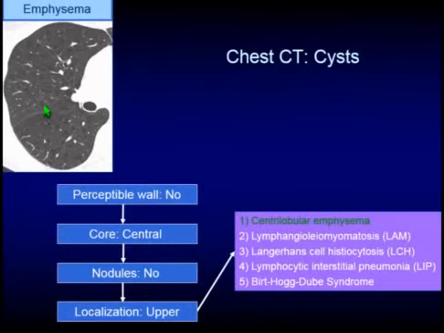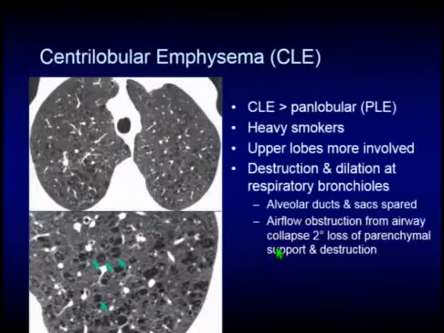Again, you look at some of these, and it looks like the centrilobular core structures are going right through the center. I have some better images of this, but look at this. It looks like that structure is going right through the middle of the cyst, and that's because these cysts are clustering around it. There are obviously no nodules, and it's favoring the upper lung. We're talking about centrilobular emphysema.